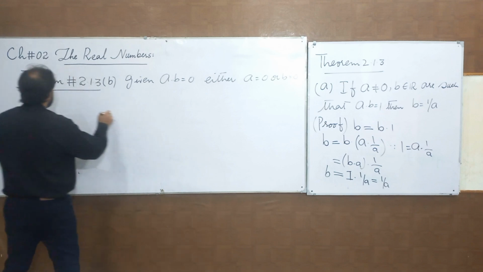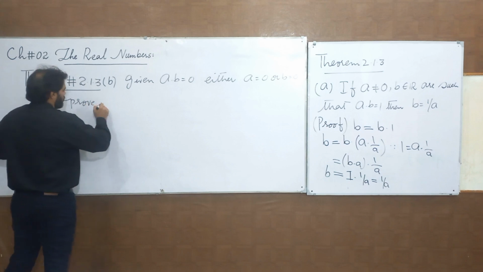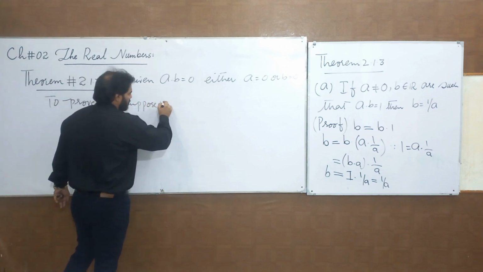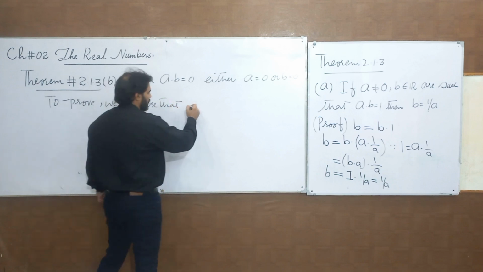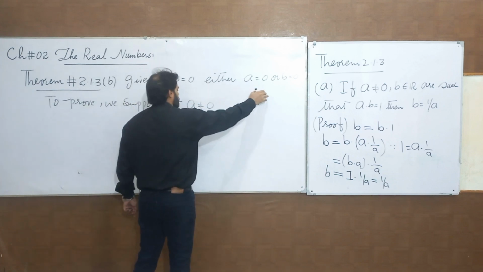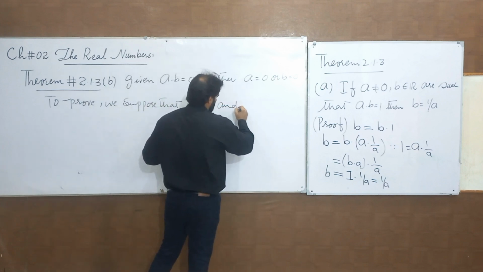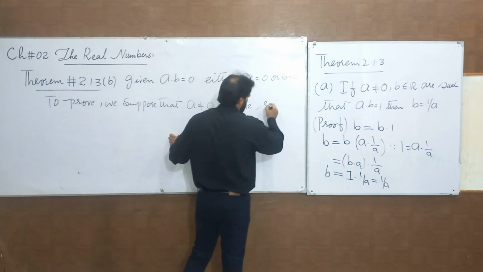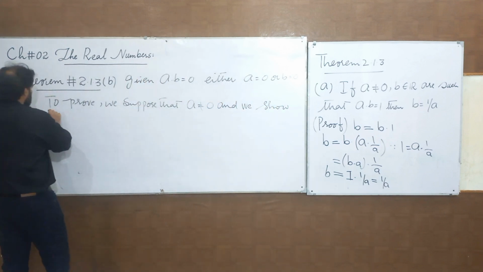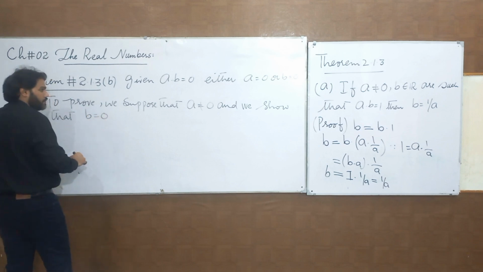To prove this, we suppose that a is a non-zero element, because we have to show that either one of them is 0. So we suppose a is non-zero, and we show that b is 0.